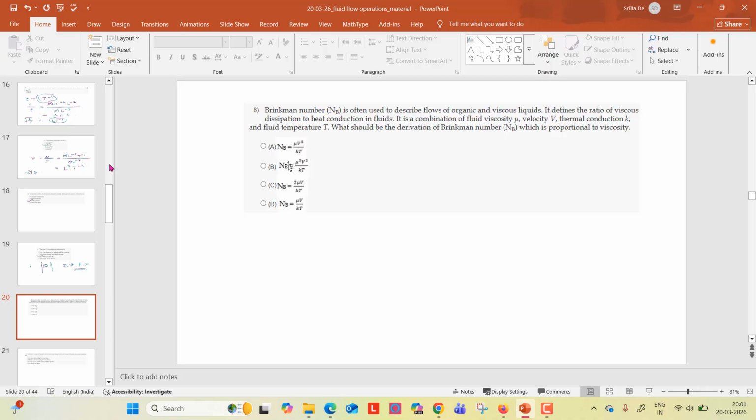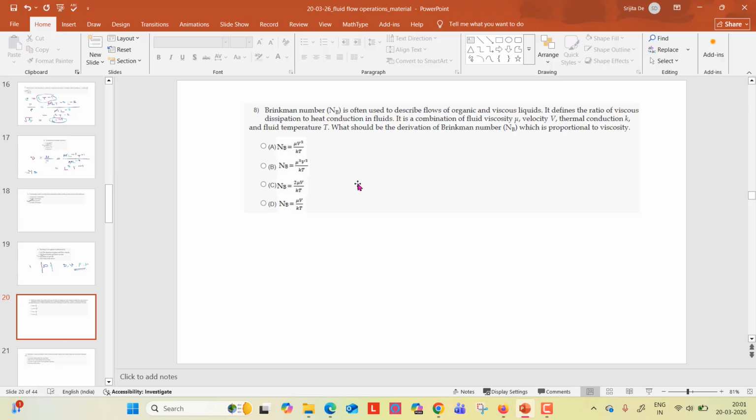Brinkman number is often used to describe flows of organic and viscous fluids. It defines the ratio of viscous dissipation to heat conduction in fluids. It is a combination of fluid viscosity, velocity, thermal conduction and fluid temperature. What should be the derivation of Brinkman number, which is proportional to viscosity?